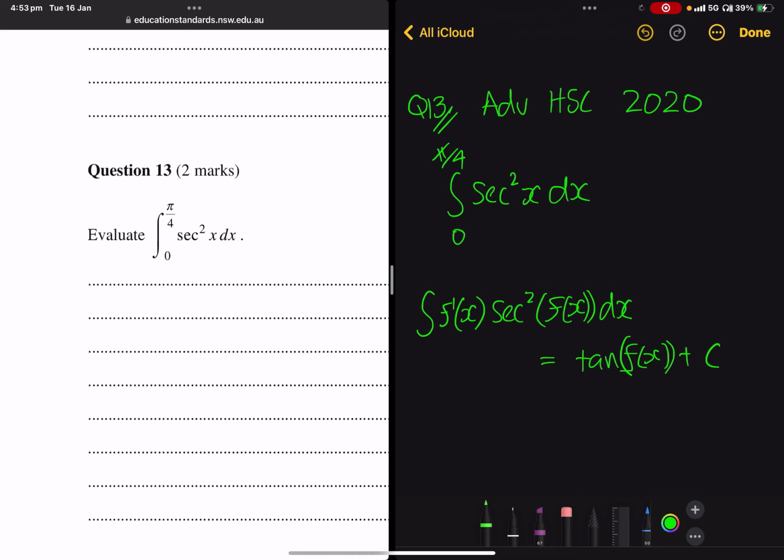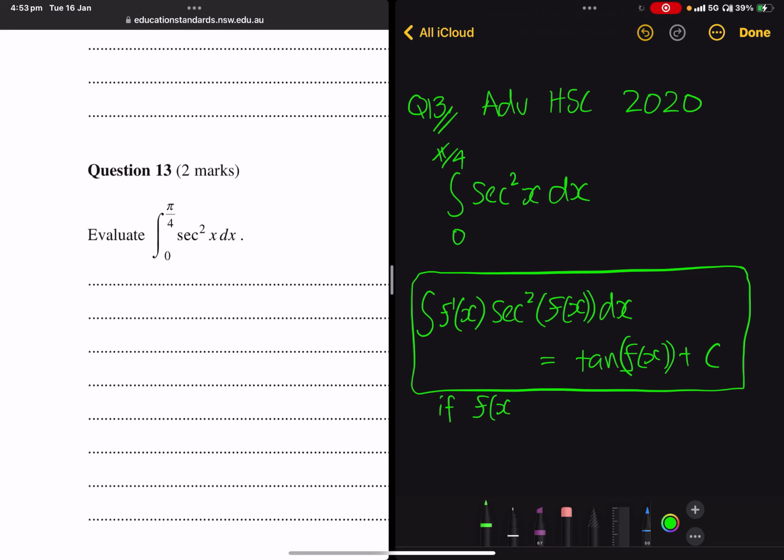Now, the formula here is presented as an indefinite integral that has the constant of integration, our question is actually a definite integral though, and the integral we're finding is this indefinite integral where f of x is equal to x. So if f of x equals x, this implies that f prime of x is equal to 1. So we get the integral of 1 times secant squared of x dx is equal to tan of x plus a constant.